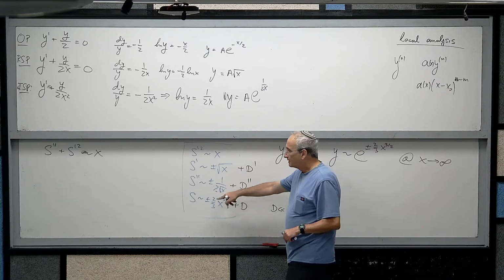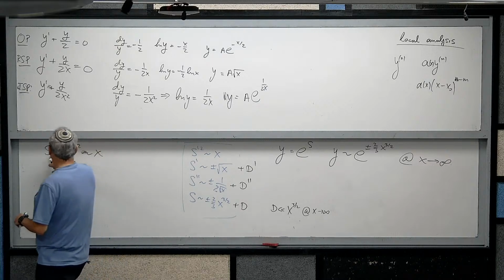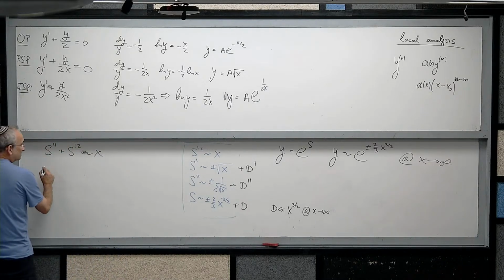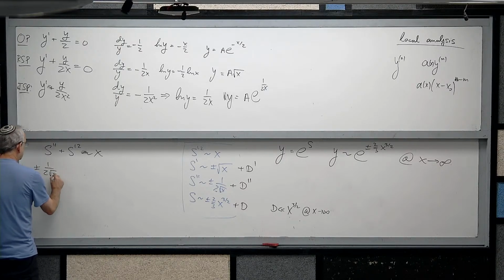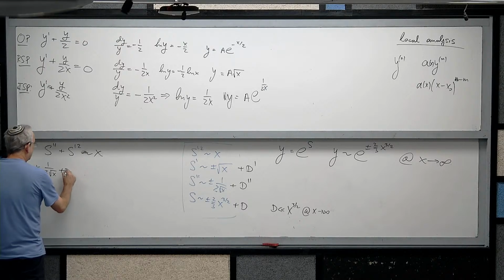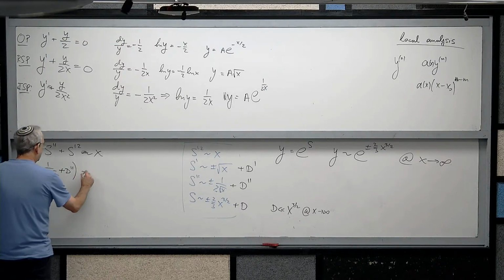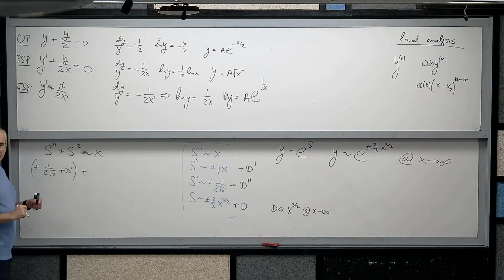So what I will write here is as follows. I have S double prime, which is plus minus 1 over 2 square root of x plus d double prime, plus S prime squared. What is S prime squared?